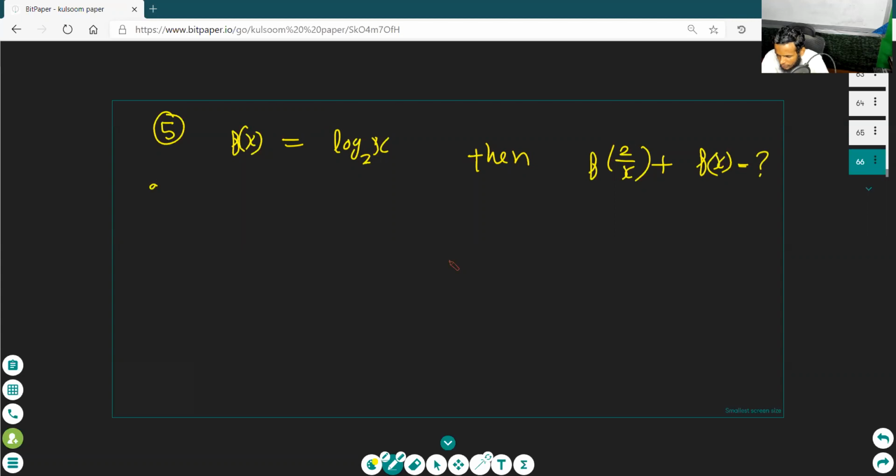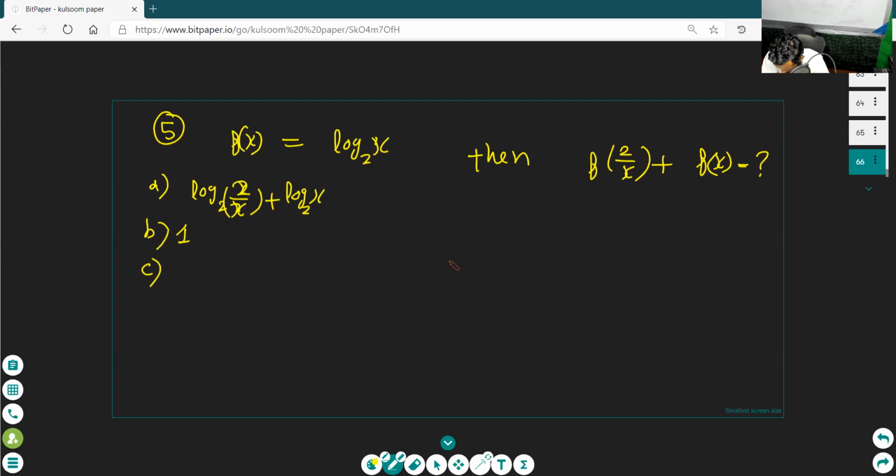I'm giving you the option. It is very easy. Log 2 x upon 2 upon x. Okay. Log, and b is equal to 1. You start writing. Okay, start finding this.